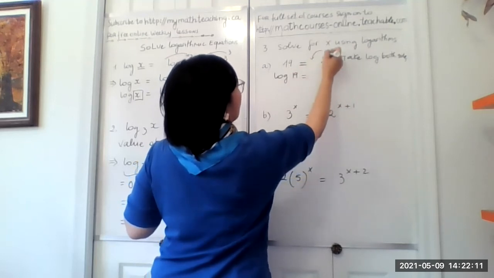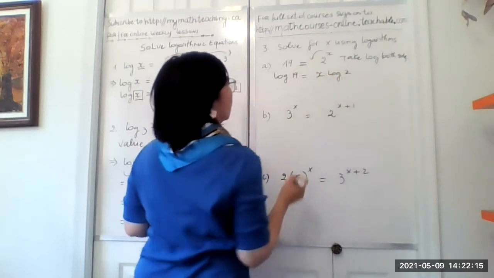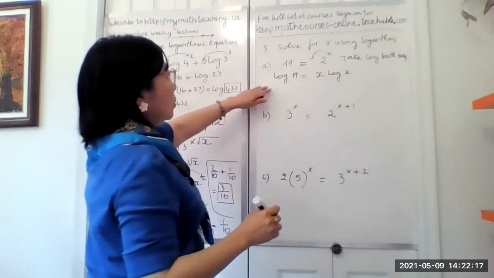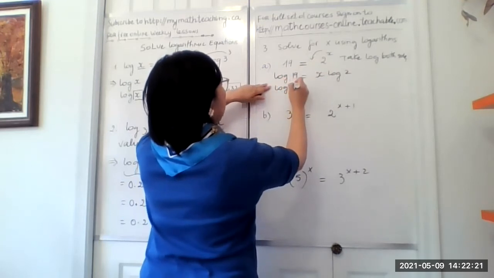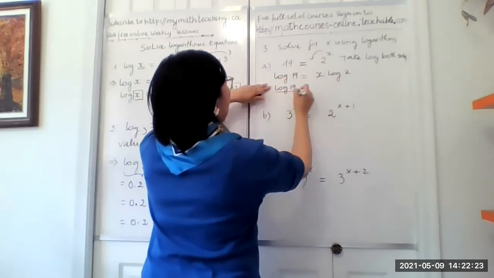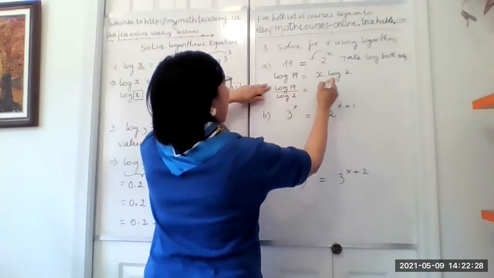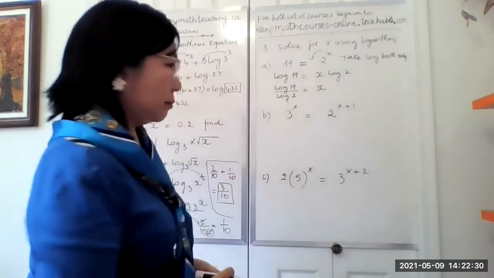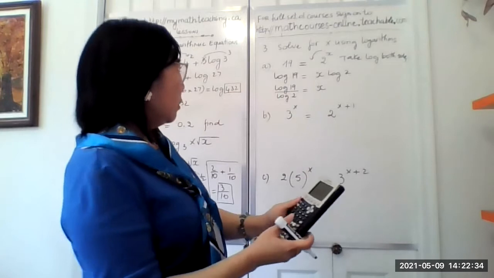So log of 2 to the power of x is the same as x times log of 2. Now we're going to solve for x. So log of 19 divided by log of 2 will be equal to x. That's the answer.